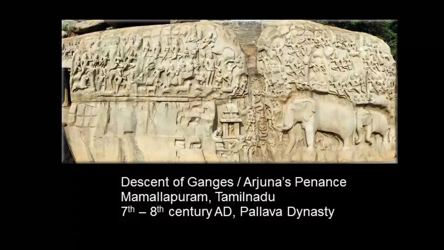And for that, we need to go to a very interesting and a very intriguing narrative panel at Mamallapuram, and that particular narrative panel is known as the Descent of Ganges, and at times it is also identified by some scholars as a narrative which is unfolding the story of Arjuna's penance.